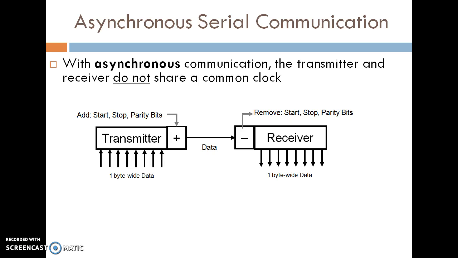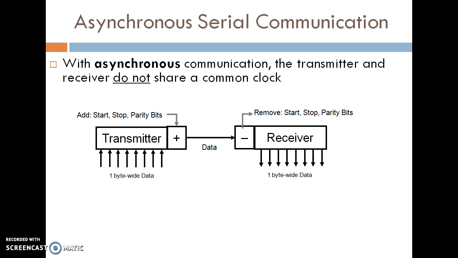In asynchronous serial communication, the transmitter and receiver do not share a clock. So what is the function of the transmitter here? It shifts the parallel data onto the serial line using its own clock.